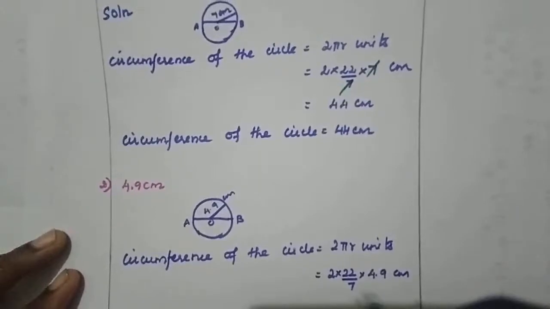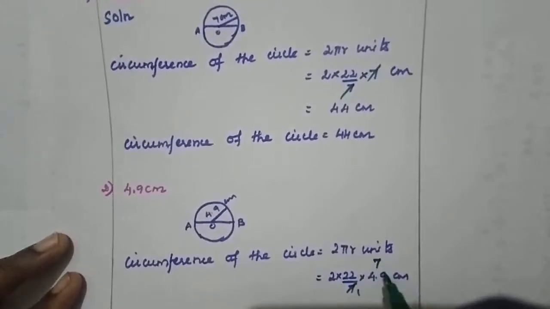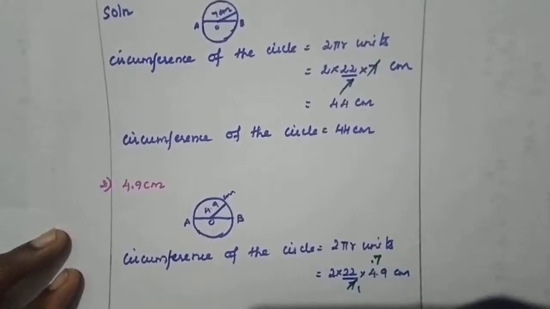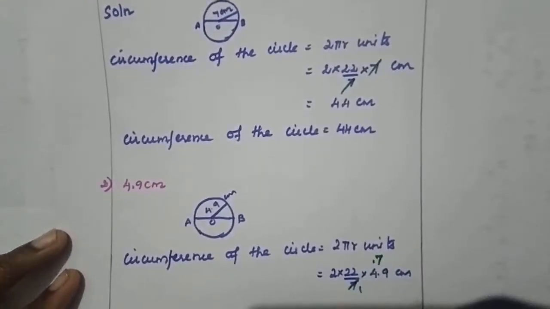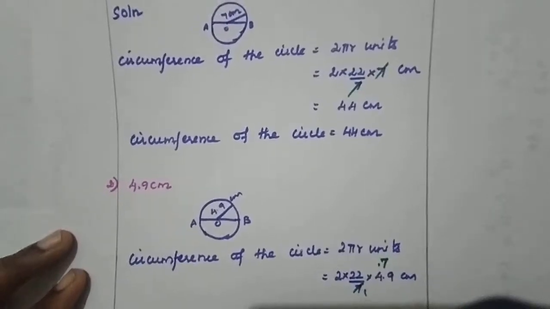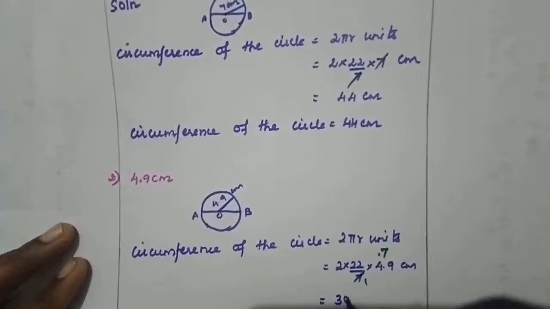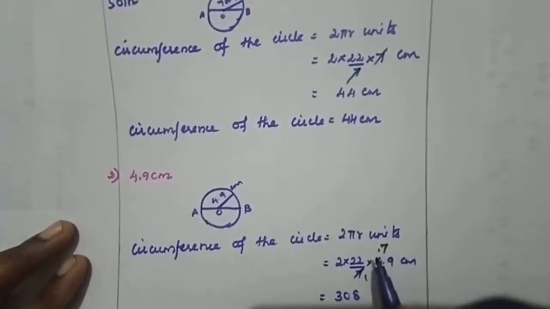You can cancel this 2. 1 7 is 7. So here decimal point is there. 7 7s are 49. So you can keep one decimal point here. So now you can multiply the numbers. You will get 308. So here one decimal point is there.